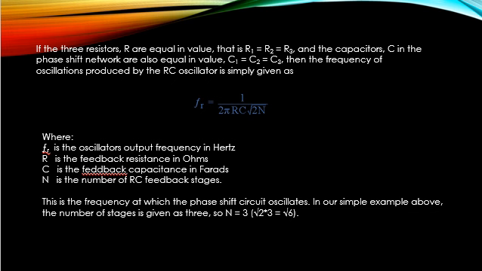As per the previous circuit diagram, we have used three feedback networks. So it is root of 2 into 3, that is root of 6. So the formula is 1 upon 2 pi RC root of 6, where R stands for resistance and C stands for capacitance, and the frequency is the one that gives 180 degree phase shift. Okay, this is a theoretical representation of the RC phase shift oscillator.